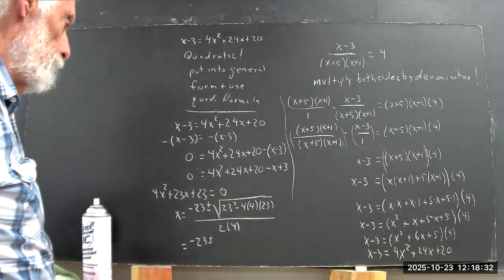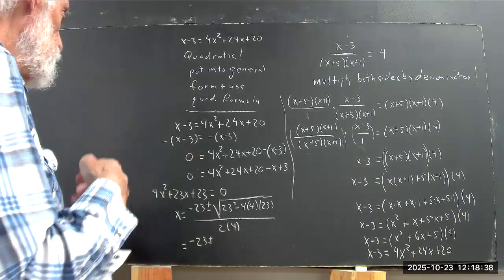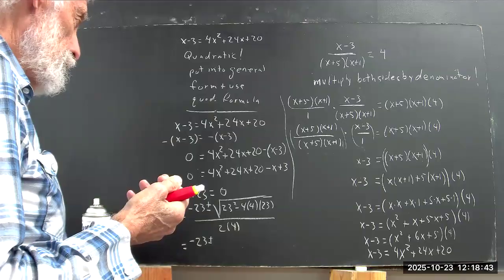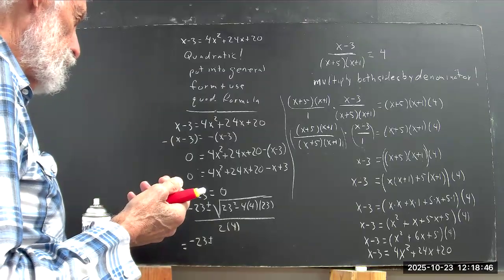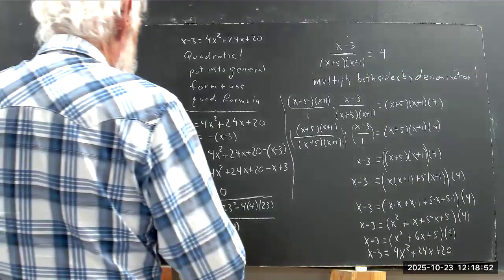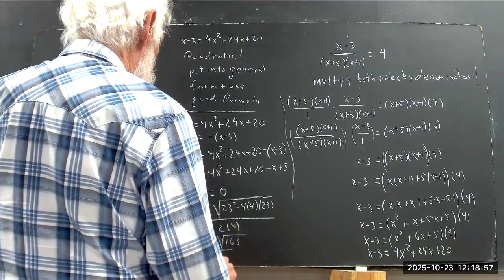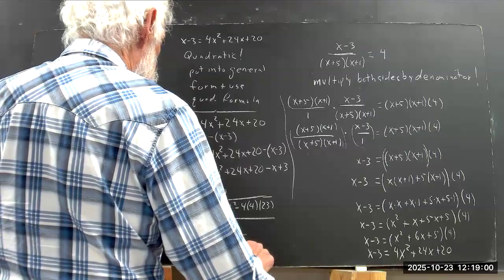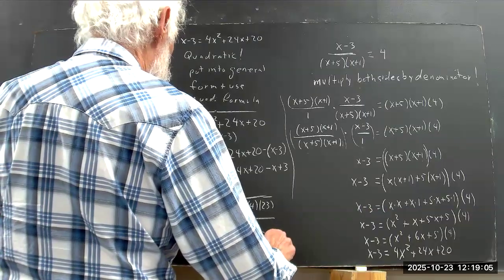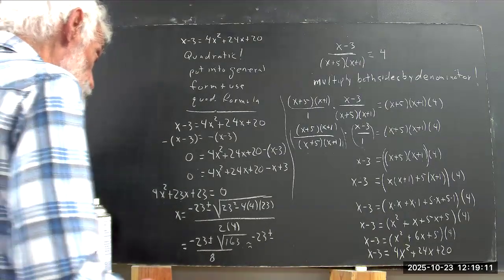I think that's 529, and that'll be minus 16 times 23, which is 368. I think 529 minus 368, 163. That's probably wrong. It's not too far off. And the square root of 163 is about 12.8.